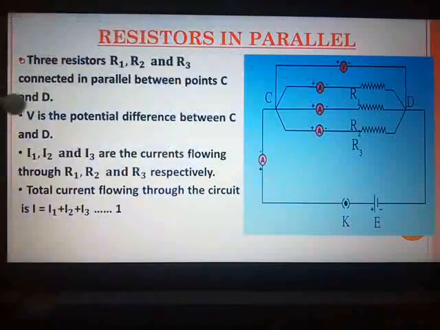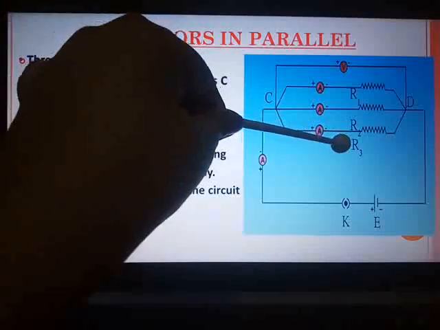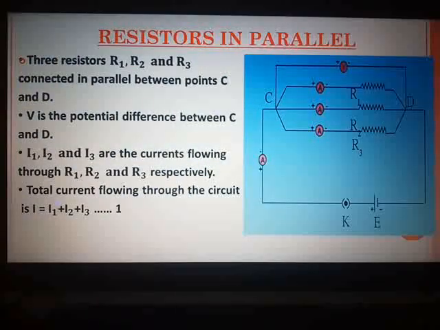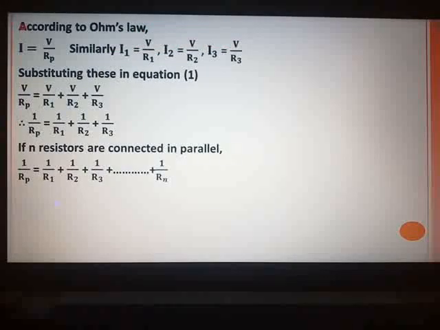For R1 it is I1, for R2 it will be I2, and for the third resistor the current will be I3. So what will be the total amount of current? It will be the sum of the currents flowing through each resistor. So total current I is equal to I1 plus I2 plus I3. This you give as equation number 1.